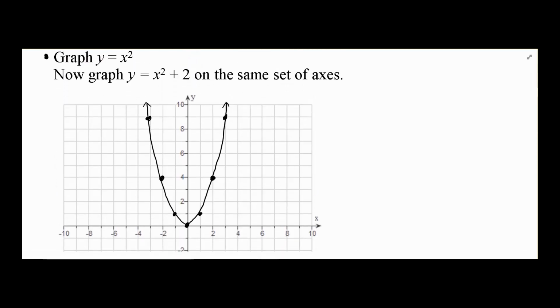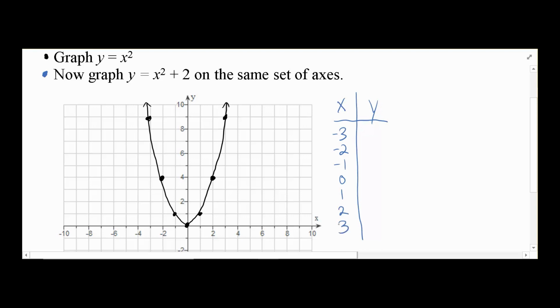But now on the same axes, I'm going to change colors here. I'm going to use blue. We're going to graph y equals x squared plus 2. And so again, for now, I'm going to do point plotting. That's not really what we want to do, though. So I'm going to pick my same happy values that I normally like to do.